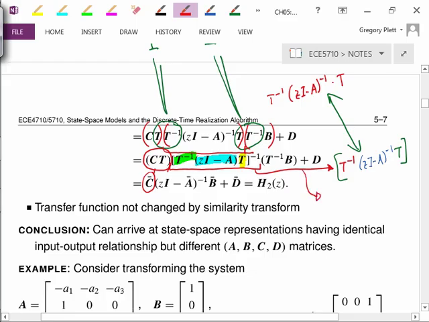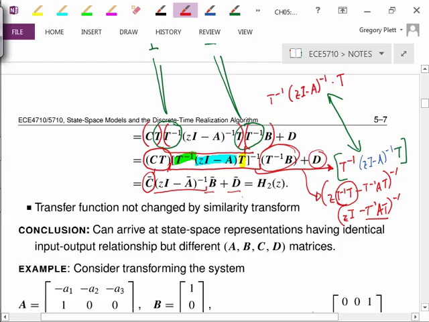Now I multiply through on the left by T inverse and on the right by T, and I get Z times T inverse T minus T inverse A T, and that is identity, so that's just zI minus T inverse A T. And all of that is inverted, of course. So all of that becomes this (zI minus A bar) inverse because T inverse A T is what we called A bar. And over here, T inverse B we called B bar. D we said was the same as D bar.